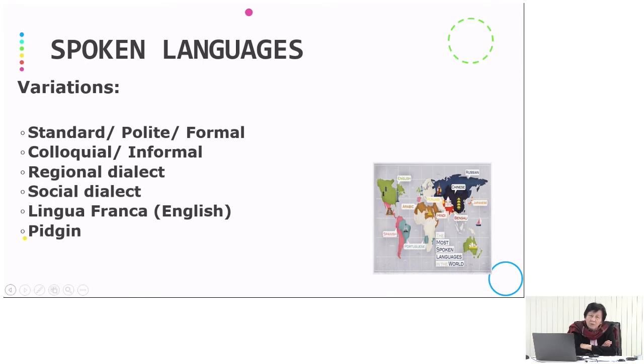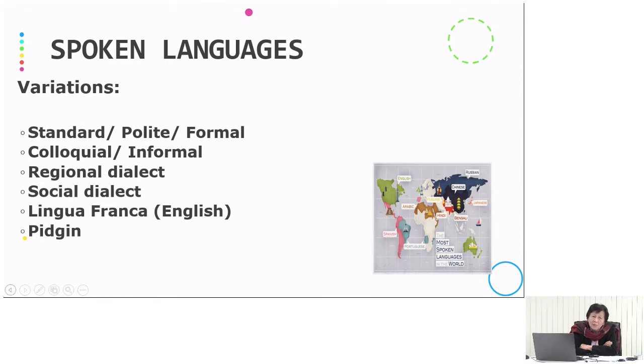Or when you go to, let's say, the United States, for example America, you will see that people speak different languages, even in one county, in one state. In Hawaii, for example, where I studied for my master's degree before, people speak many, many languages, even though they use English as the formal one.